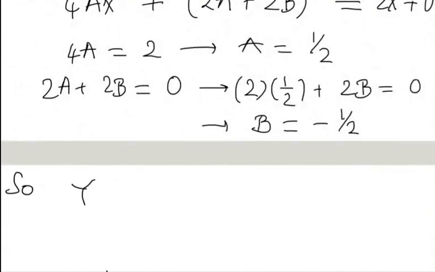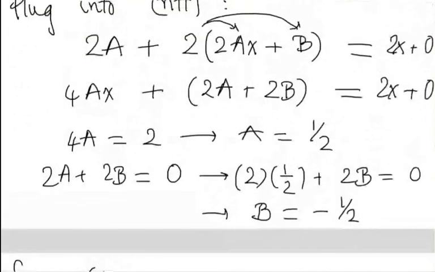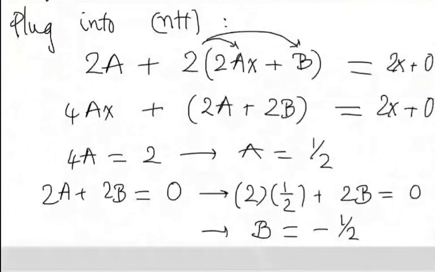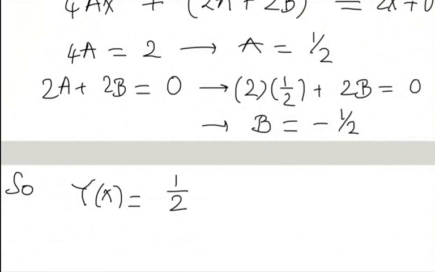So capital Y of x is ax squared plus bx. So we get a half x squared minus a half x.